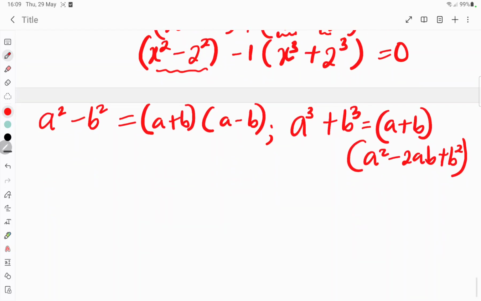This is the expansion. So here we can say that our x will now be a and our 2 will now be b. The same thing is applied to the cubic form.